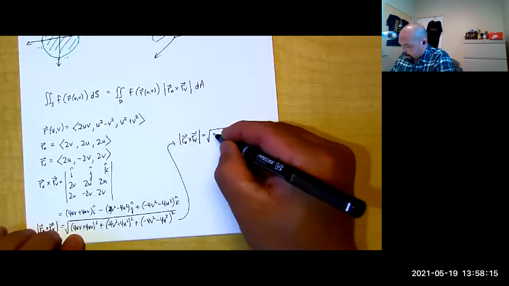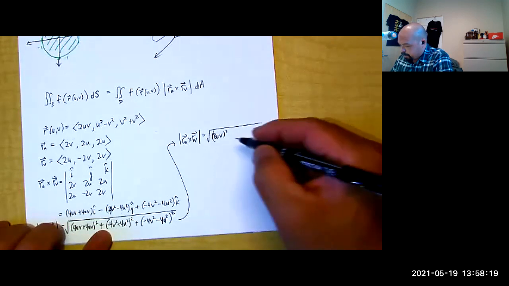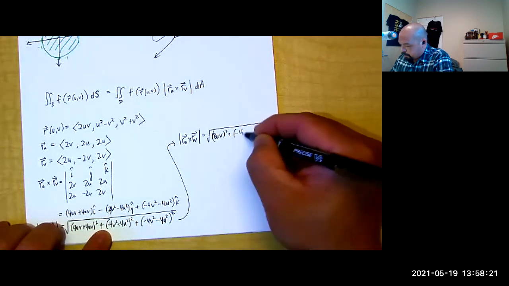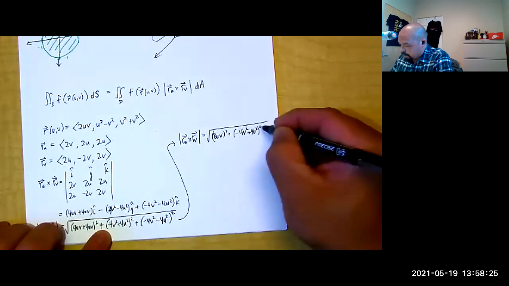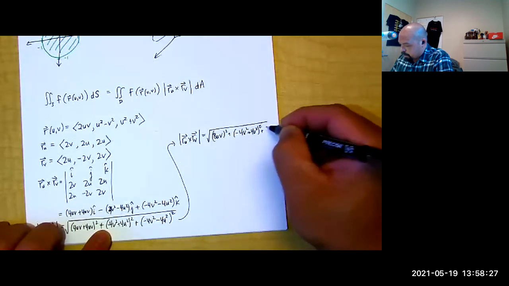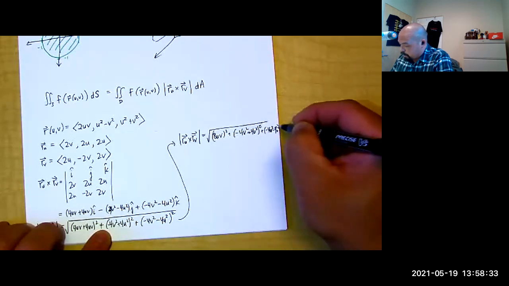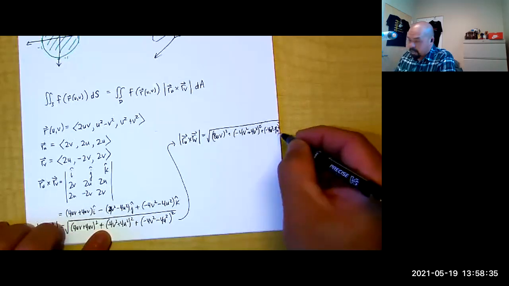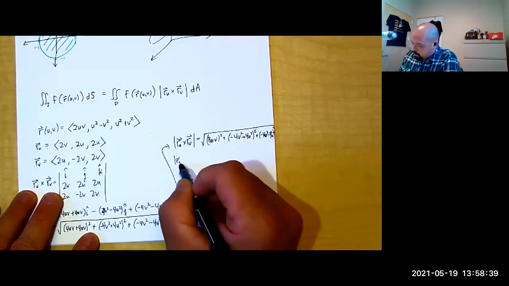That's going to be 8uv squared plus negative 4v squared plus 4u squared, squared, plus negative 4u squared, or 4v squared minus 4u squared, squared. I know it's a little bit choppy there. My apologies.